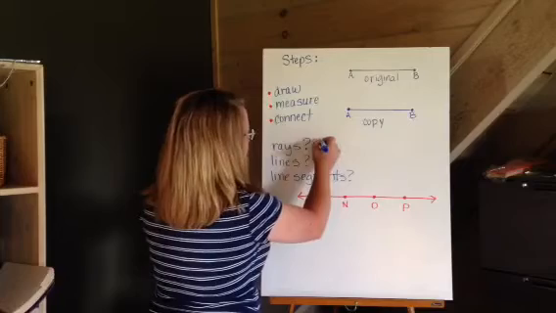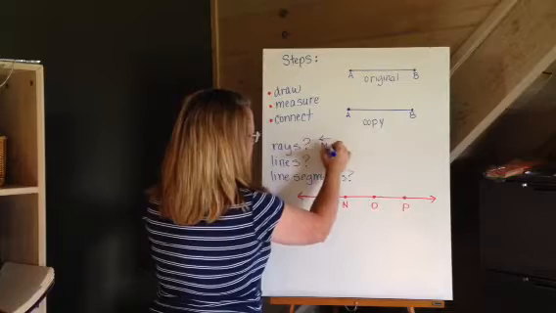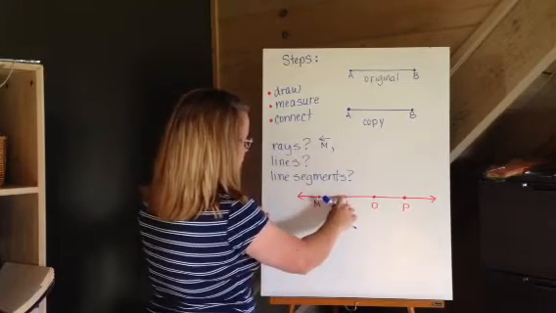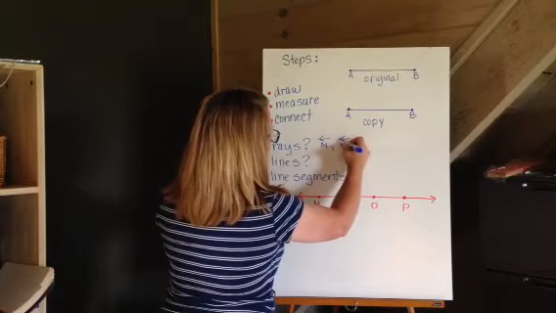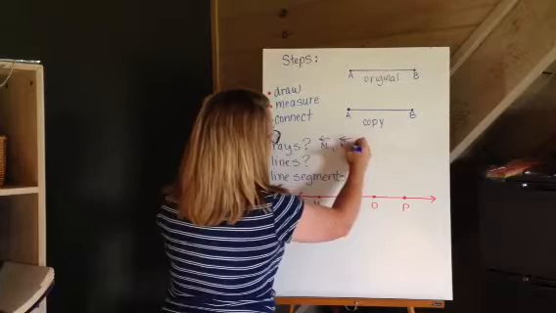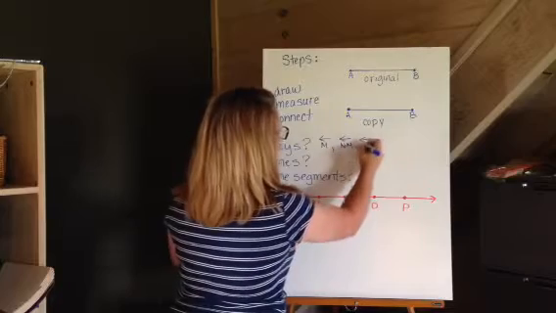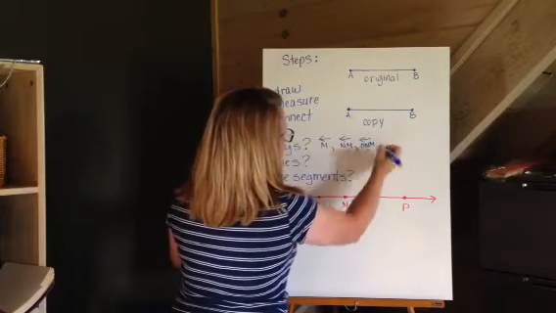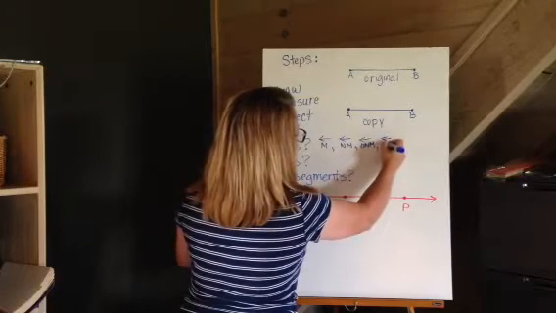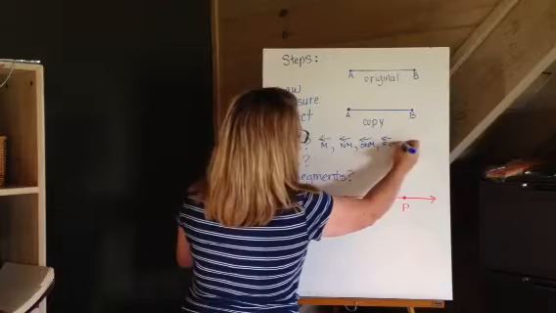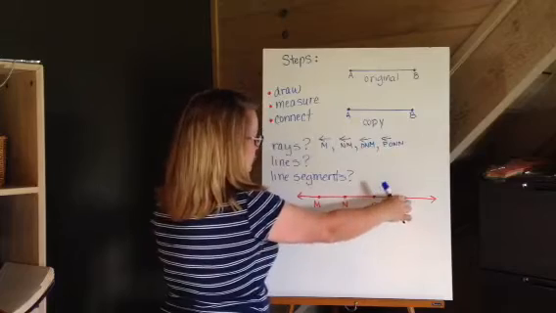So I would have ray M. I would have ray NM, I would have ray ONM, and I would have ray PONM. We could probably take off these other letters, but I just want to show you that we're covering that whole span there.